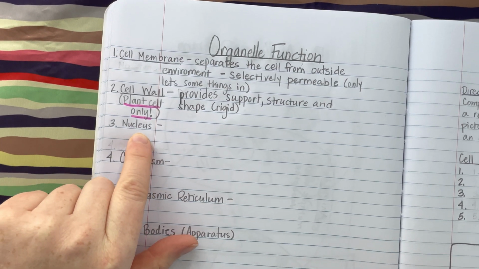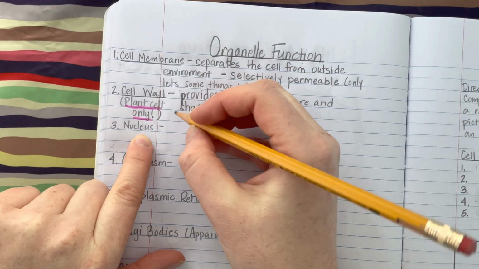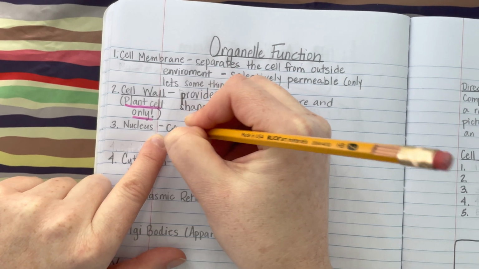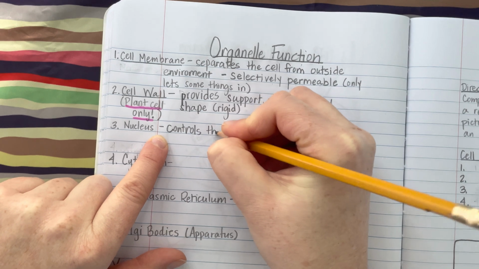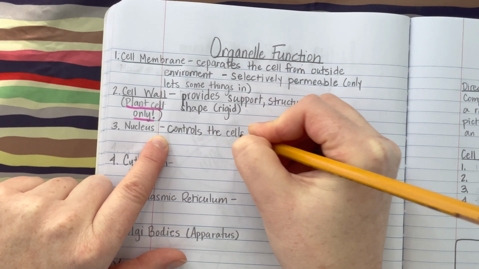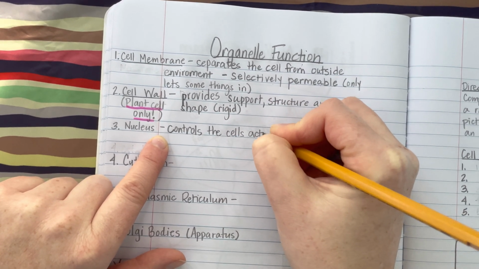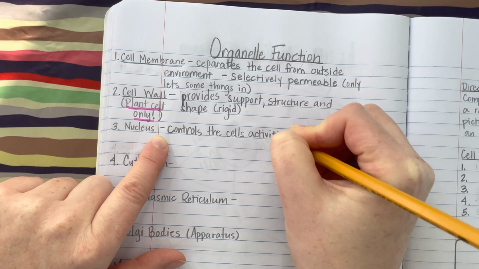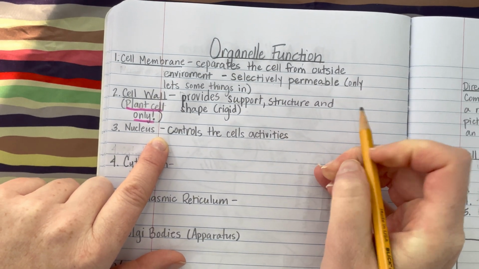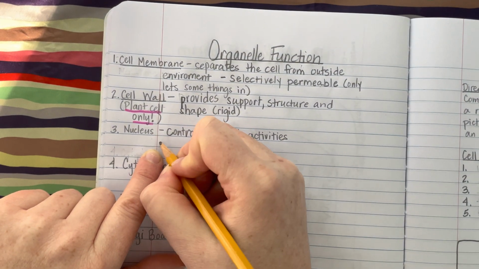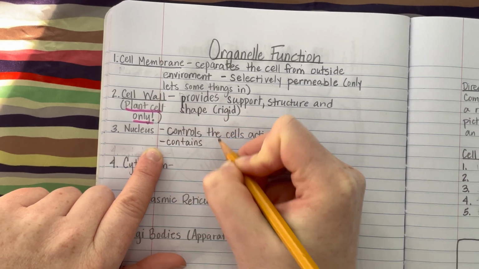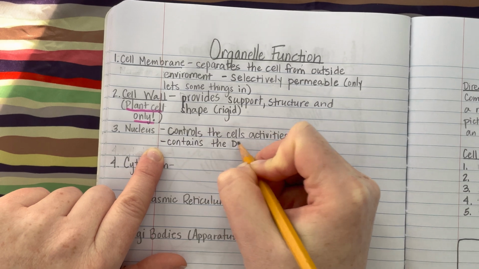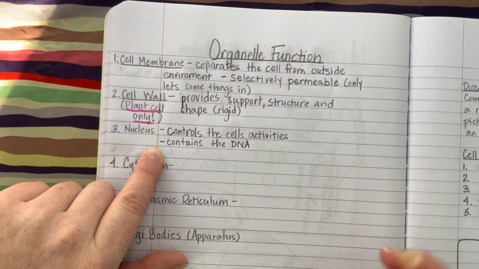The nucleus controls the cell's activity. So it's kind of like the boss. It's the control center. And one of the reasons that it's able to do that is because it contains the DNA, deoxyribonucleic acid.